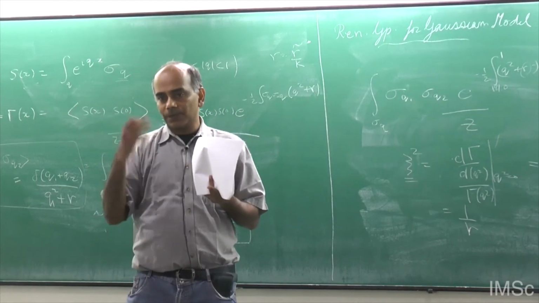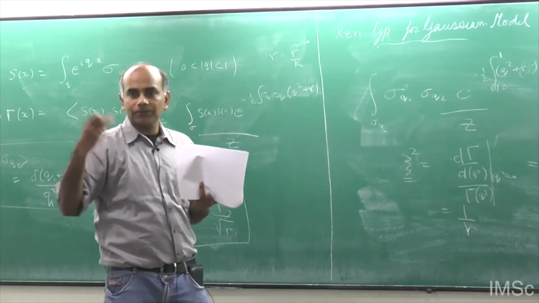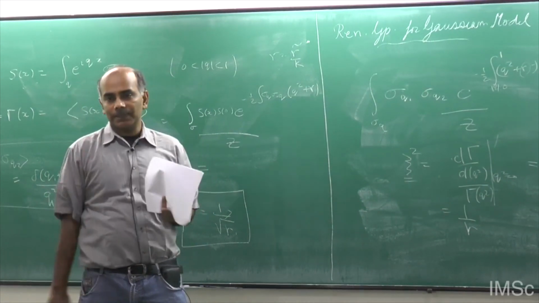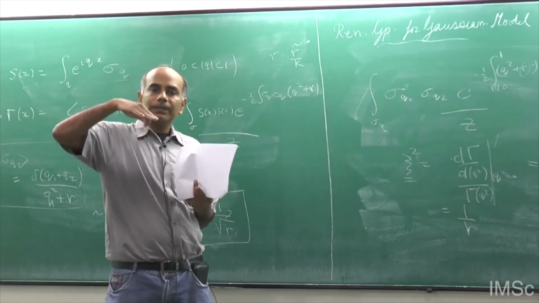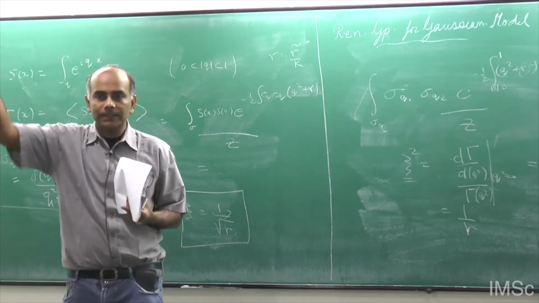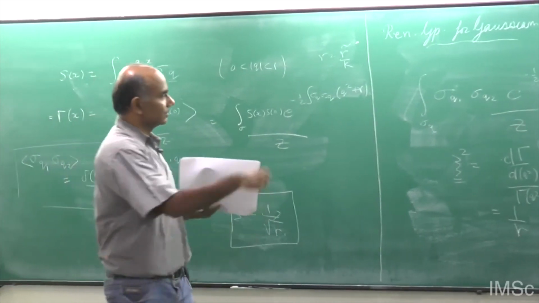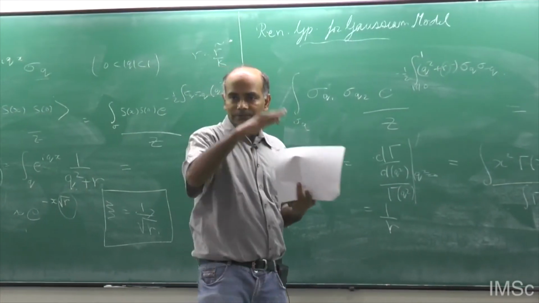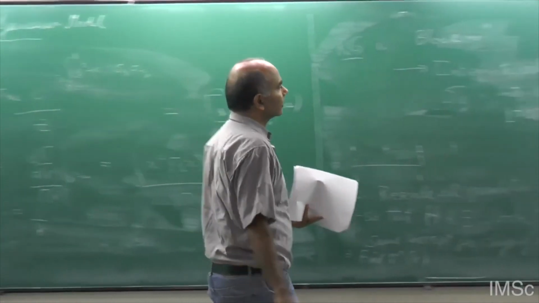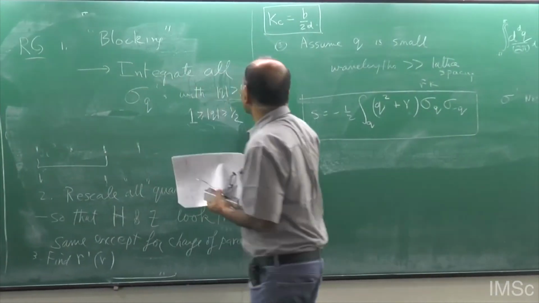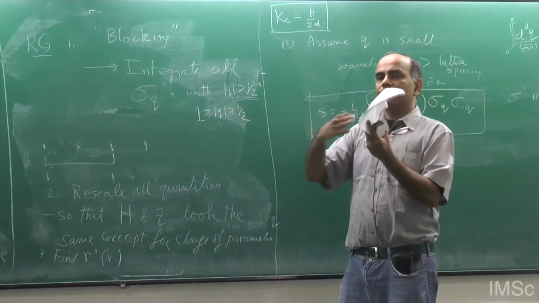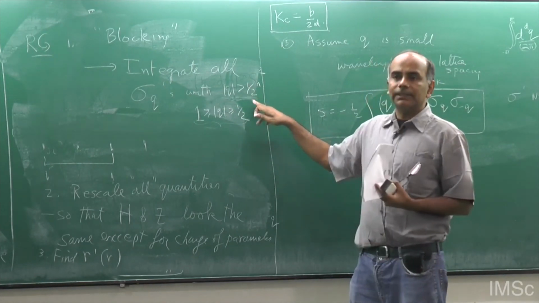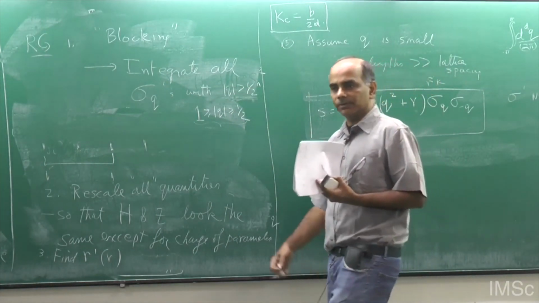You want to average those out and get rid of them. You don't want variation on a scale smaller than your new lattice spacing. So you get rid of the sigma q's with q larger than a certain amount. Since it's scaled by a factor of 2, that point is half. This corresponds to blocking where you double your length scale. If you choose this to be 1 by 3, that would mean 3 times, and so on.